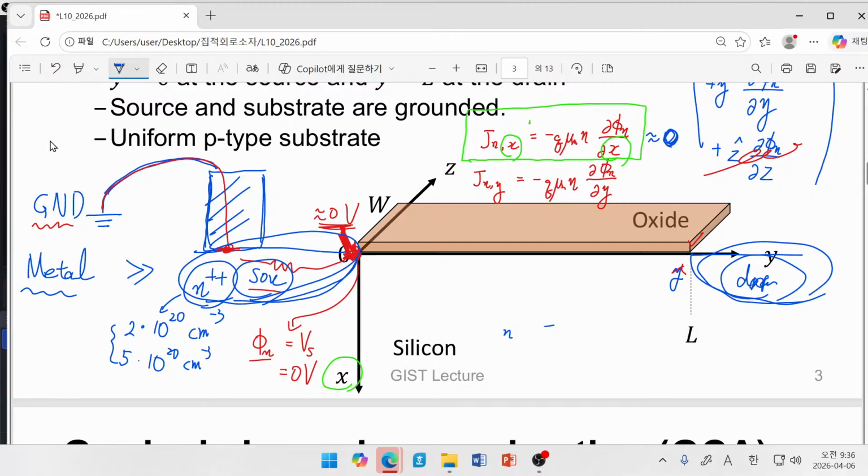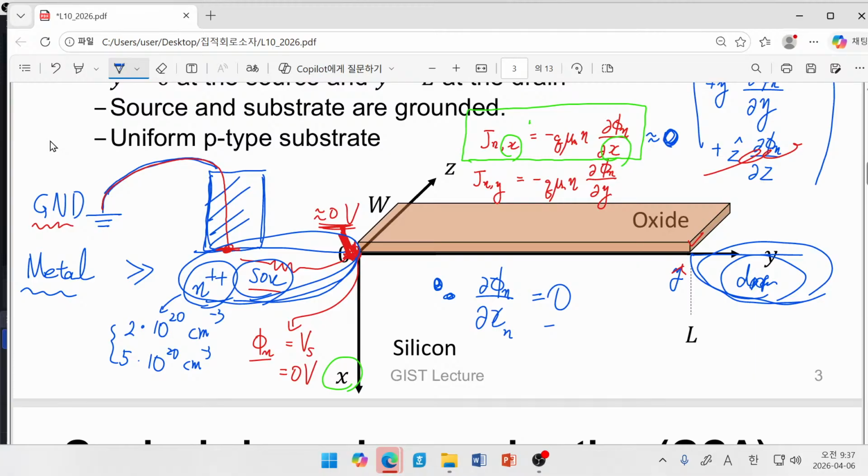Then how can we neglect this kind of Jn x component? Our answer is yes. Now we have to admit that phi n, the electron quasi-Fermi potential, does not vary quite rapidly along this vertical direction. If we allow that case, then we have to have vertical current conduction, and for this system, it is not allowed.